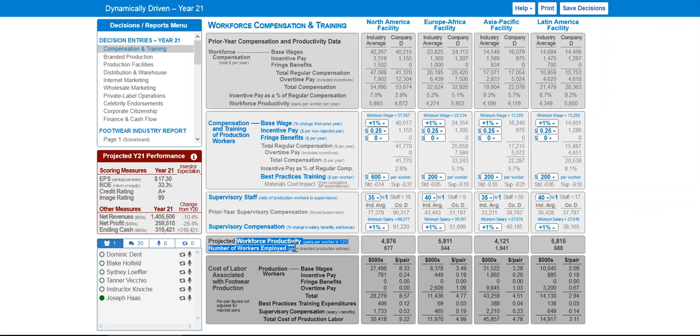The projected workforce productivity, all of these numbers went up as we went from refurbished factory equipment to new factory equipment. Because if you look into the help files, it'll give you a breakdown of how new equipment is just faster for the employees to work on. So it increases your overall production, and it also lowers your rejection rate.